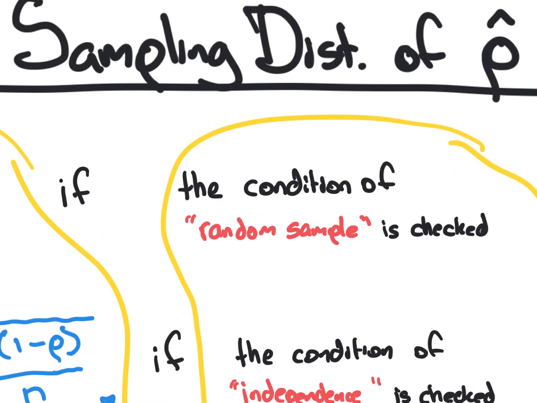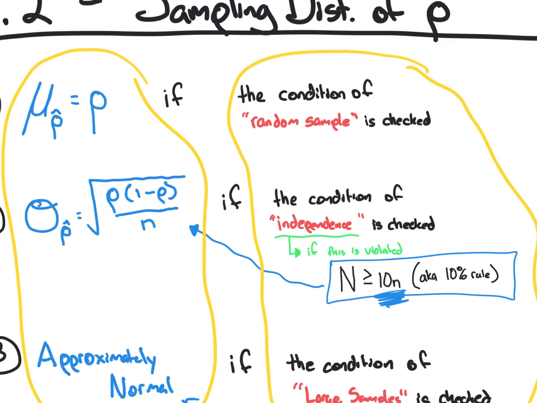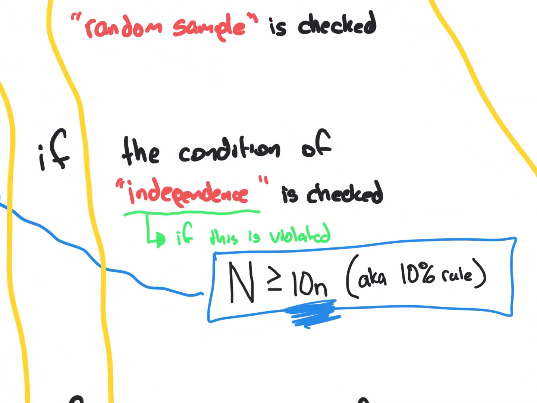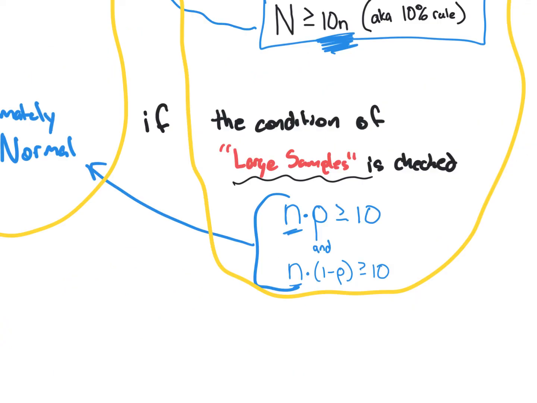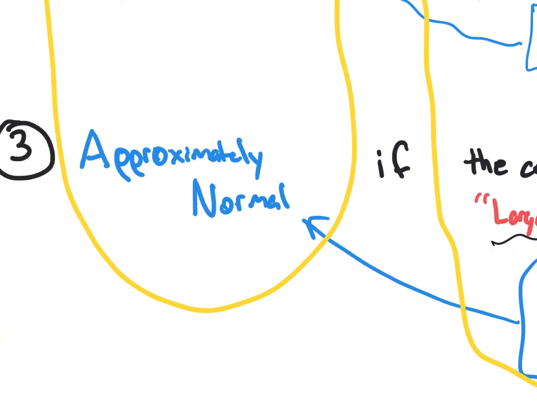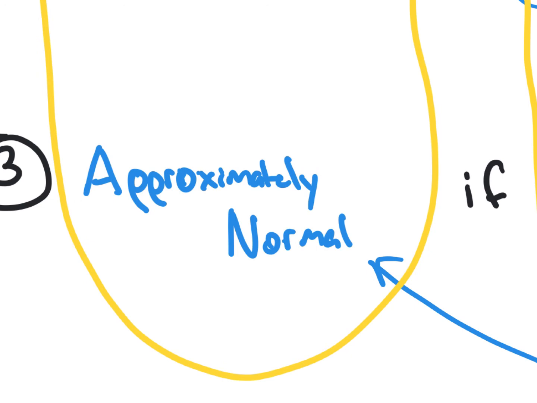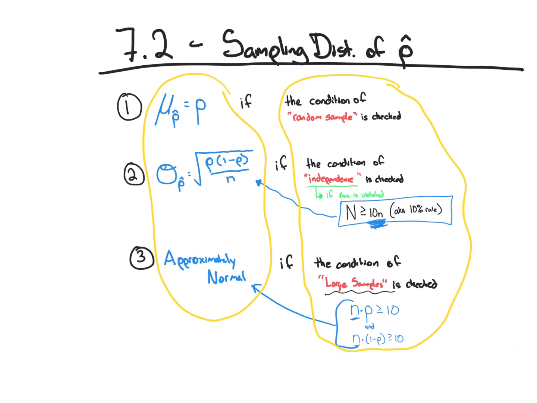So if the random sample is true, then I'm allowed to use this formula. If the 10% rule checks out, because we're probably going to violate independence anyway, then I'm allowed to use this formula. And if the large sample counts are checked, then I'm allowed to use the normal curve. And that's it. This is what 7.2 is. Once we get past that, it's no longer 7.2. It's really doing chapter 2 work.